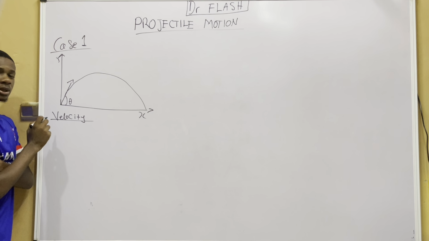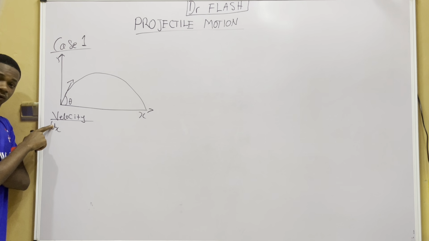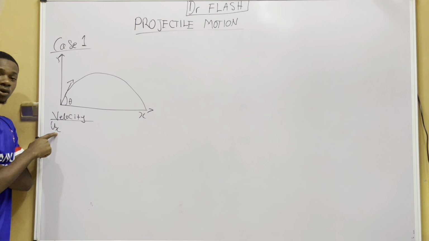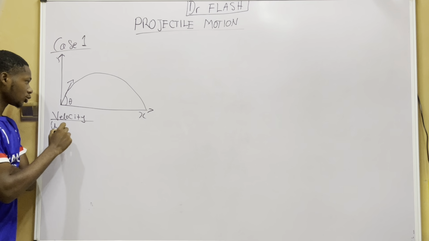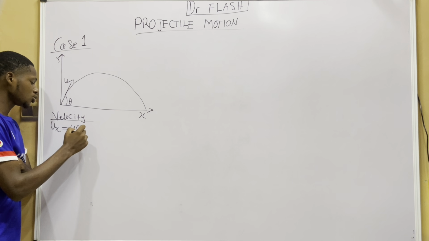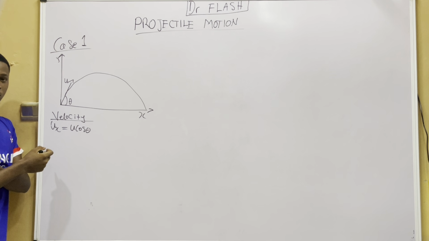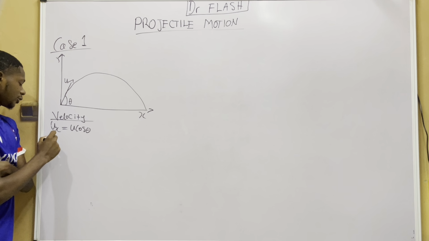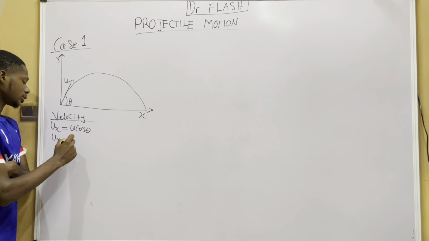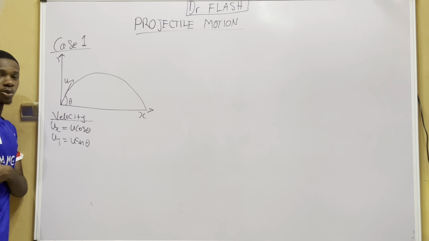What's going to be the initial velocity for the horizontal component? u represents initial velocity, x tells us it is the horizontal component, and that's going to give us u cosine of theta, since we are resolving it to the horizontal. And for uy, we're going to get u sine of theta, resolving to the vertical.